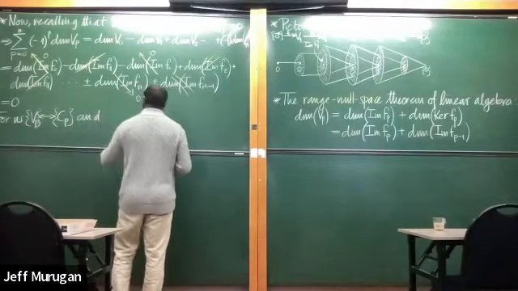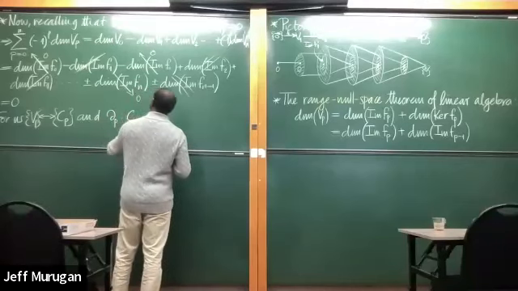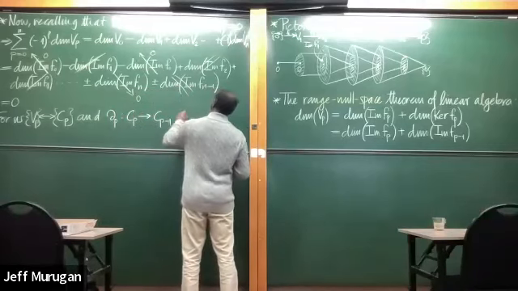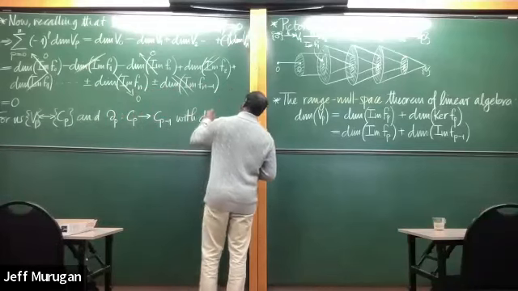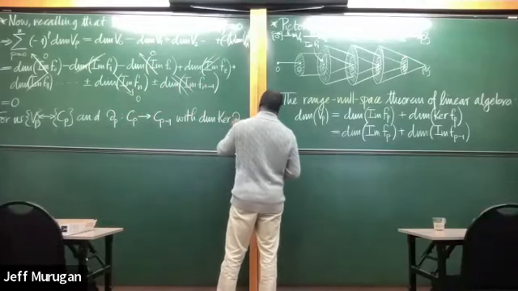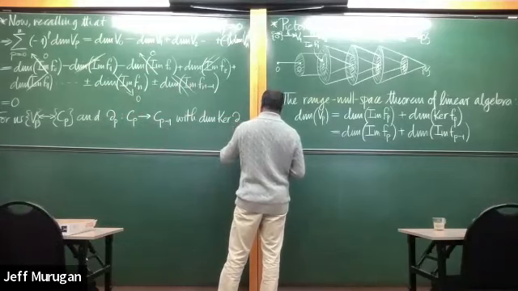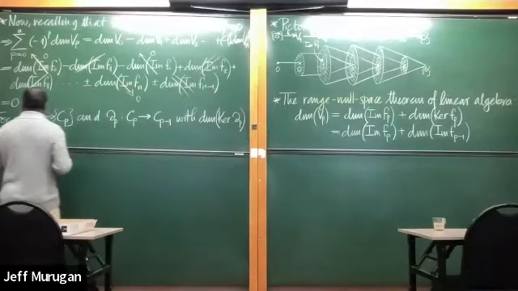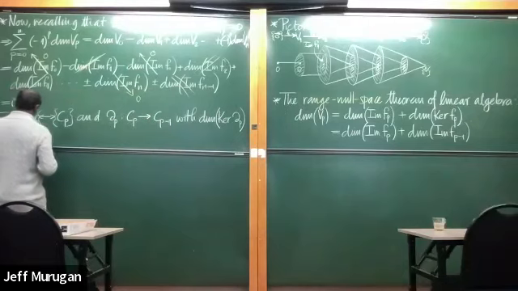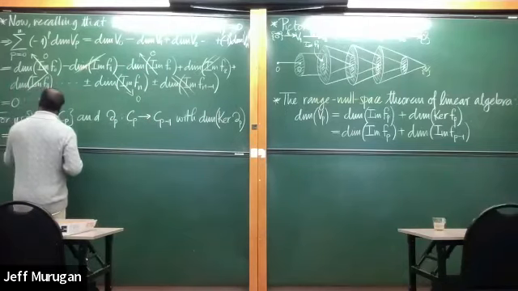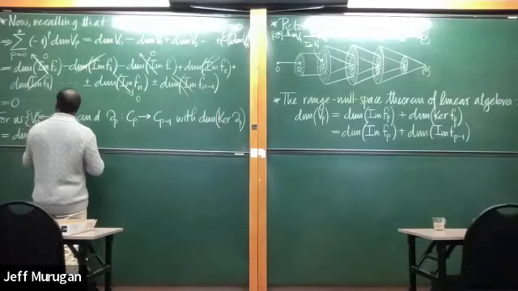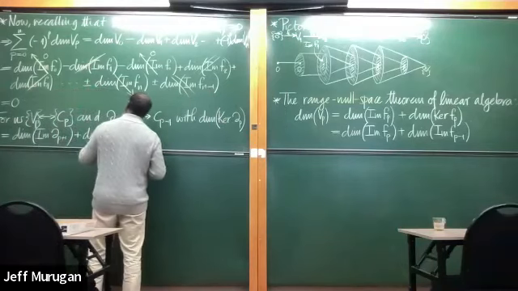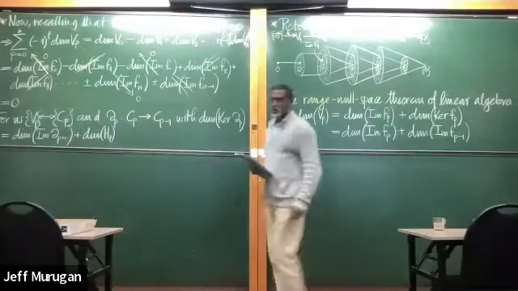And the map that we're talking about is dp that takes us from Cp to Cp minus 1, with the dimension of the kernel of dp equal to the dimension of the image of d p plus 1 plus the dimension of the p homology group.